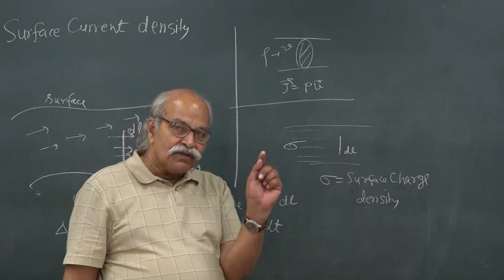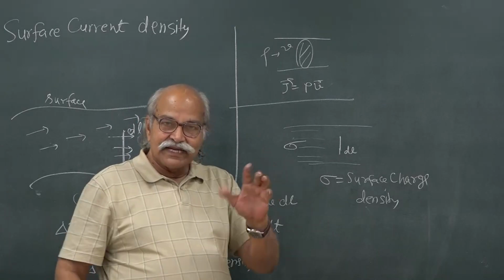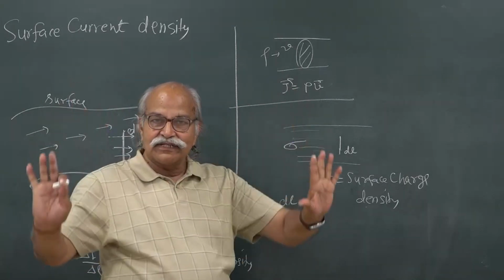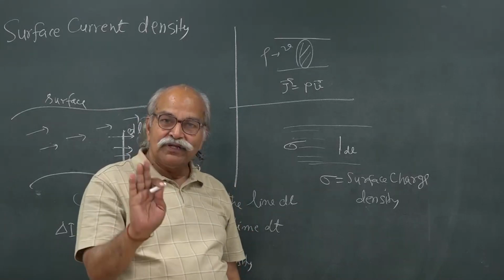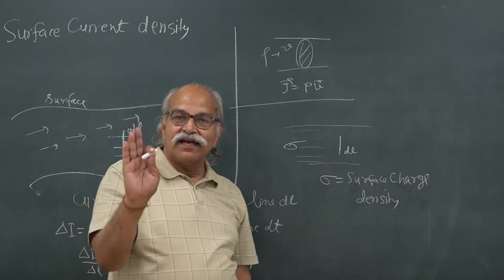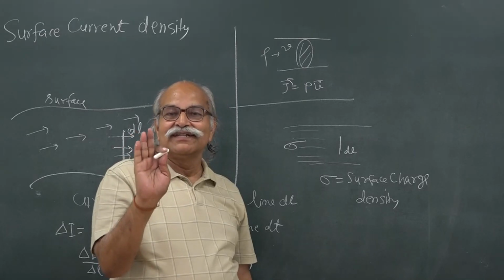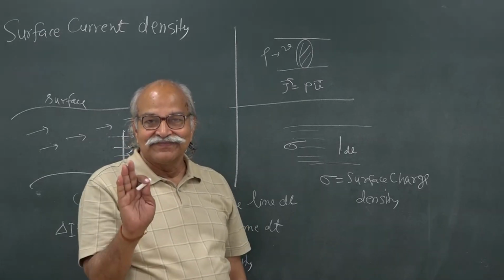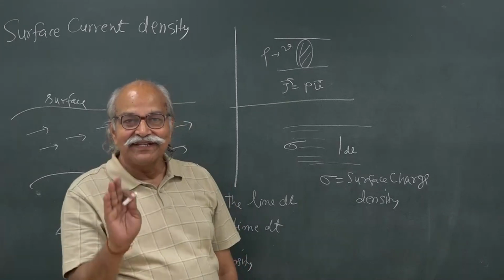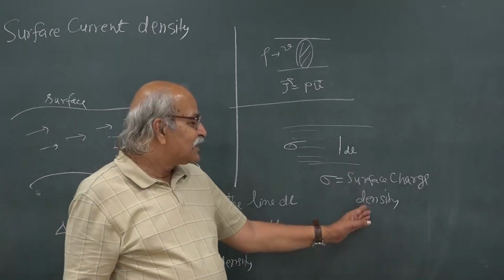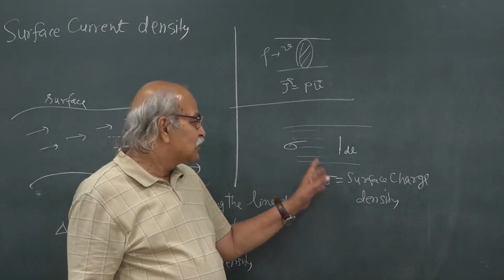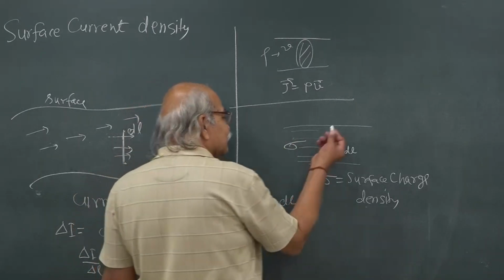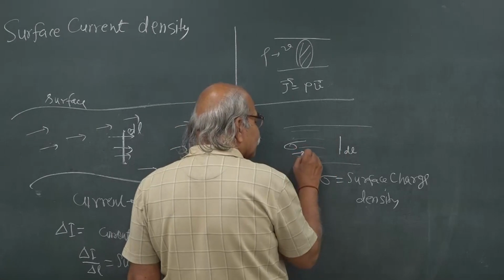I take a small surface area, the entire charge is distributed on a big surface, and on that surface I take a small dA and then ask how much is the charge in that dA, and that charge divided by area will be surface charge density, which we will write as sigma. Once again, they are all moving with velocity v.